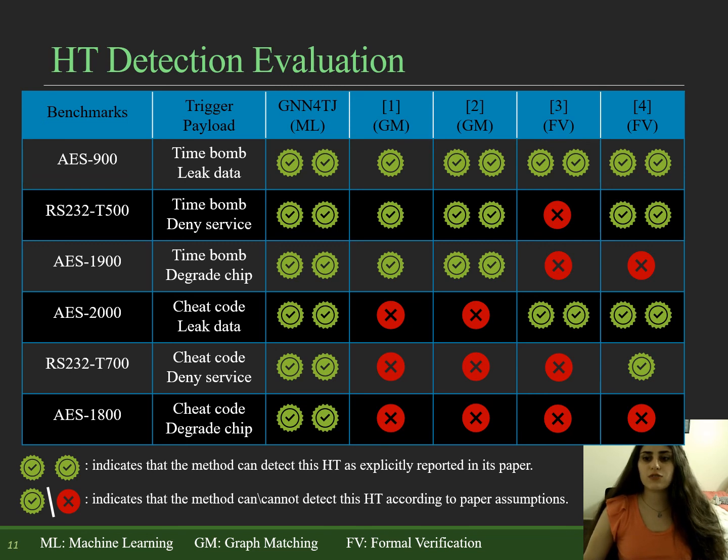Their more advanced version, the fourth one, is able to detect the Trojans that cause denial of service as well, but still they fall short of detecting the Trojans that degrade the performance. And you can see how limited the scope of detection is, and that's why we have proposed our method that doesn't have this problem.